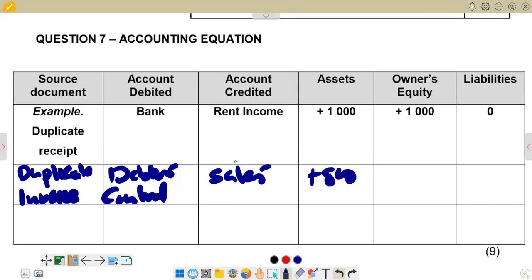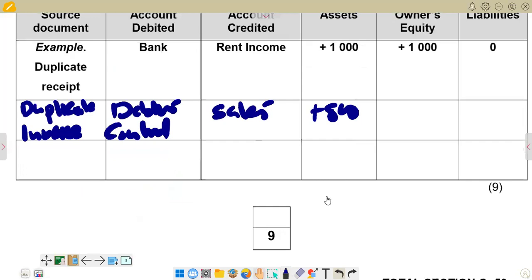And then the account that is being credited is sales. Then we try to see again which part of the account equation is being affected by sales. Remember, we use sales to calculate the figure for net profit. We've got the formula that we use there: sales minus cost of sales gives you your gross profit.